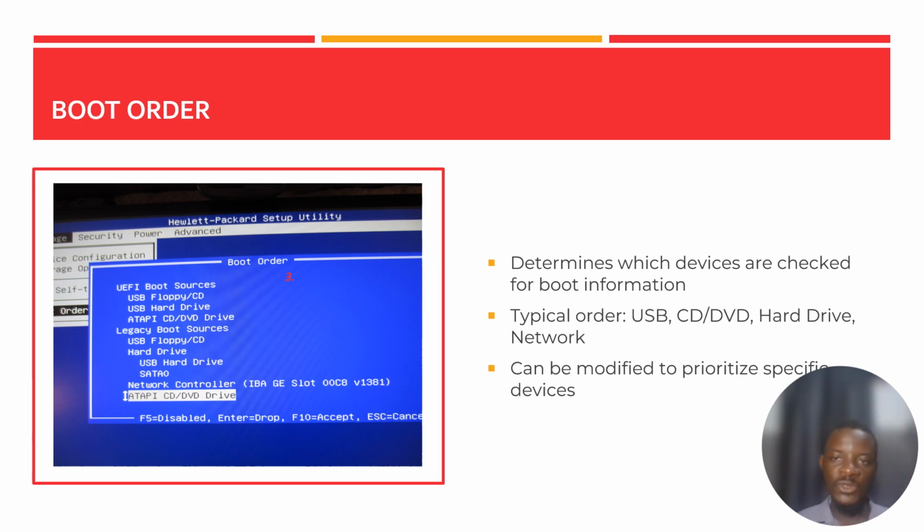For example, if you want to boot from a USB drive to install an operating system, you would move the USB drive to the top of the boot order so that your BIOS checks the USB drive first before searching for others, so that you can load the boot information from the USB drive.